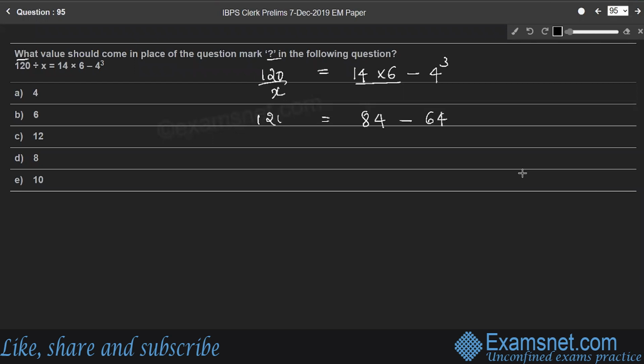So 84 minus 64 is 20. Therefore, x is equal to 120 by 20, which is 6. Therefore, 120 by 6 is equal to 14 into 6 minus 4 cube. You can verify the answer. So here the answer is x is equal to 6.